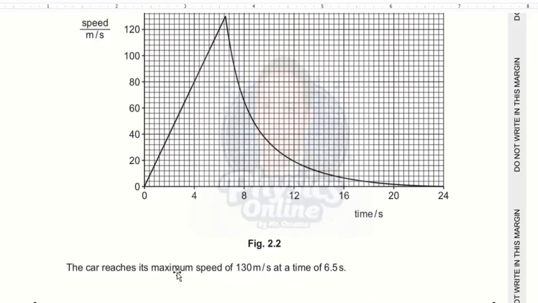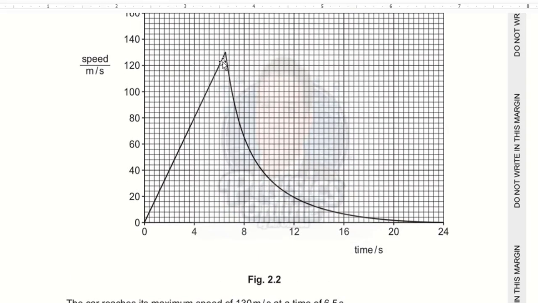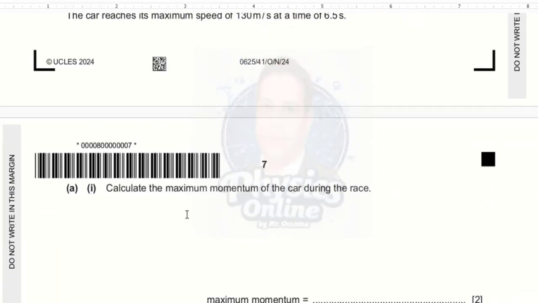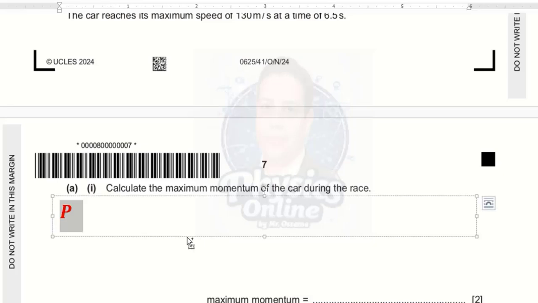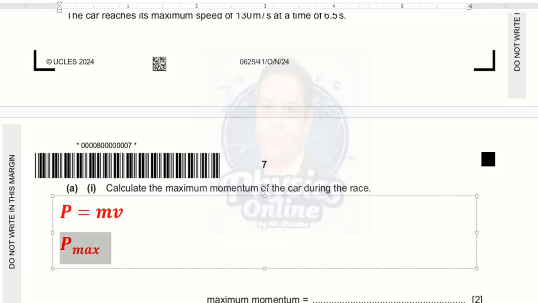The car reaches its maximum speed 130 at time 6.5. Calculate the maximum momentum of the car during the race. Momentum is mass times velocity. Maximum momentum is when we have the maximum speed, m times v max.